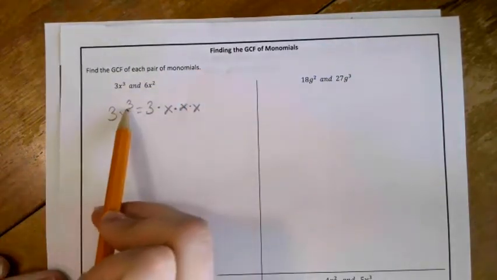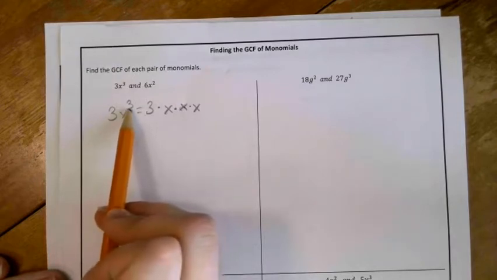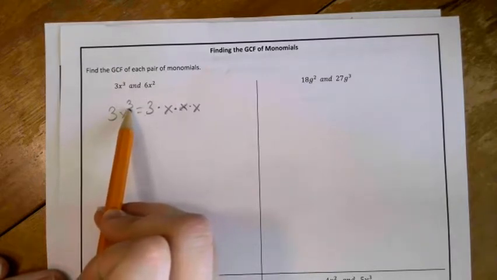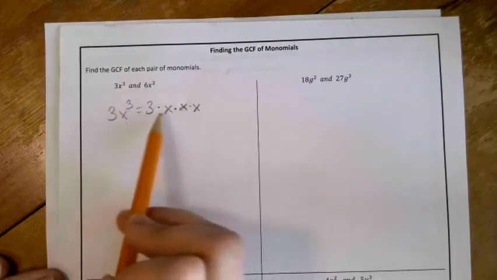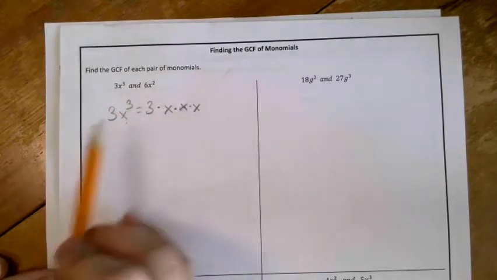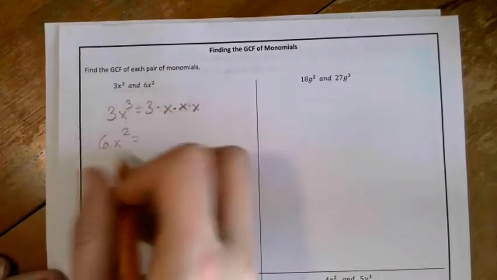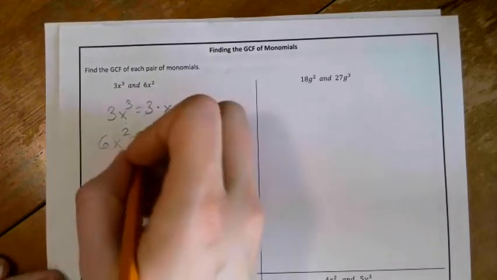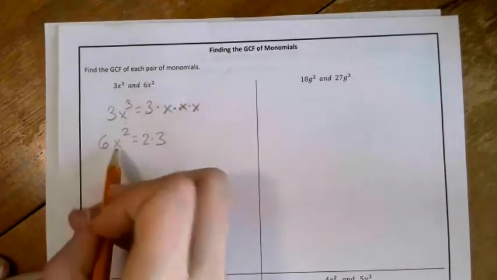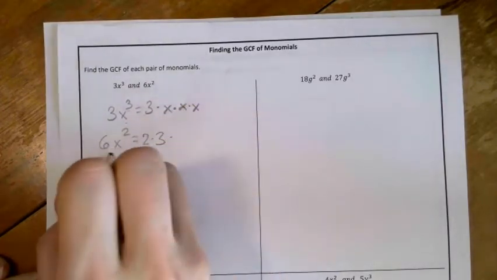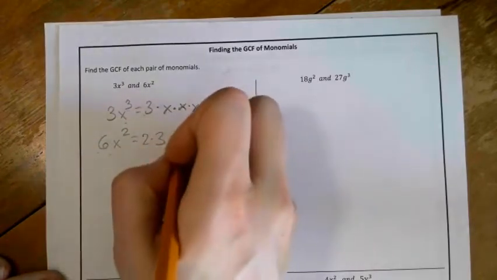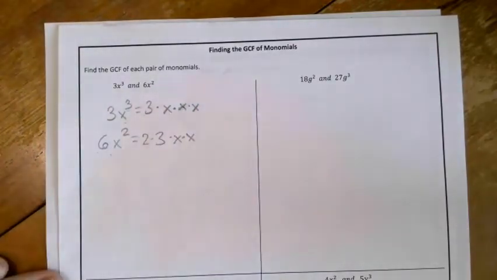You have to remember those exponent rules, right? You have to remember what the exponent is touching, and you also have to remember what those exponents mean. So that means I have 3 x's multiplied together. That's x cubed. So then we have 6x squared. 6 is not prime. 6 is really 2 times 3. And then I have how many x's? I should have x times x to get my x squared.